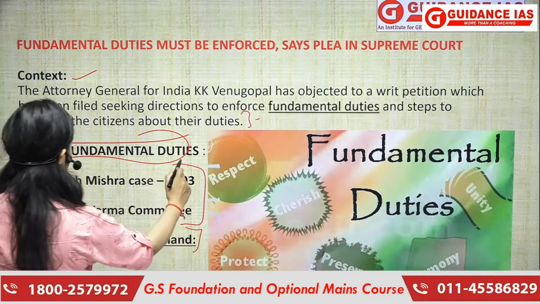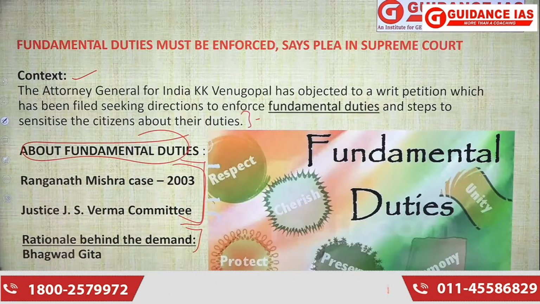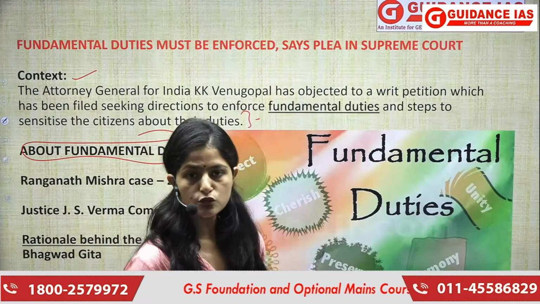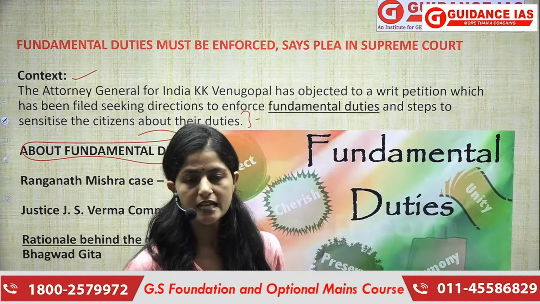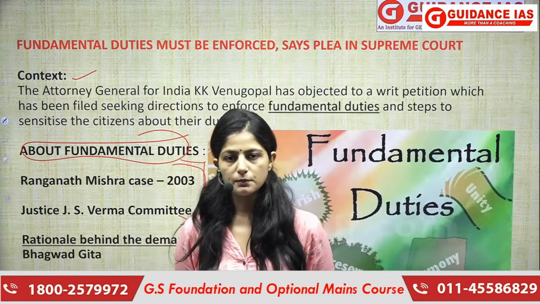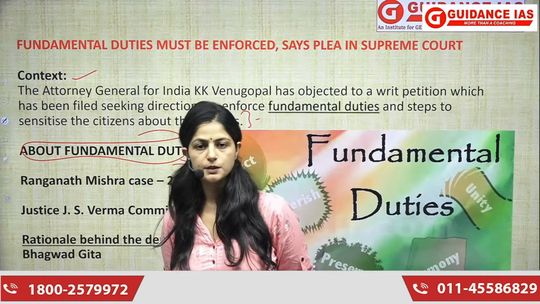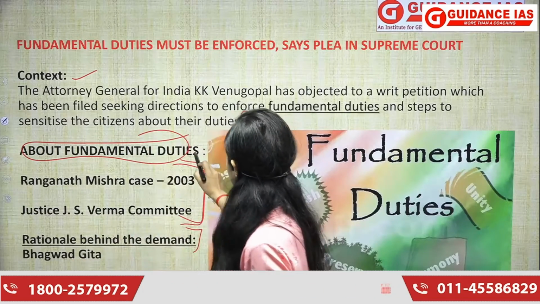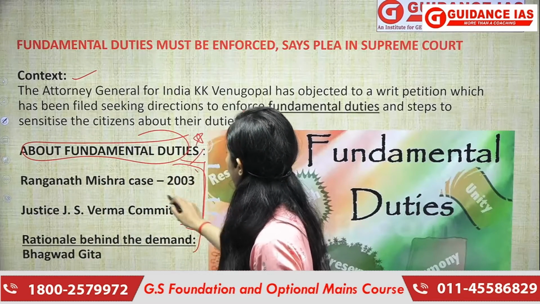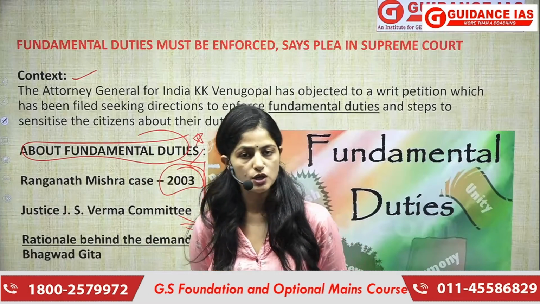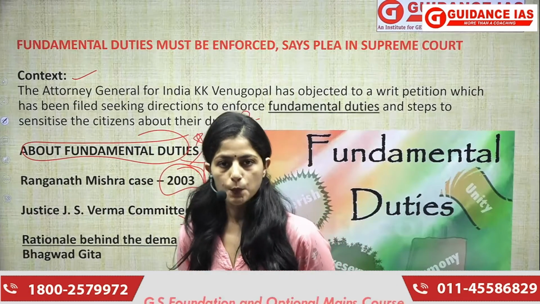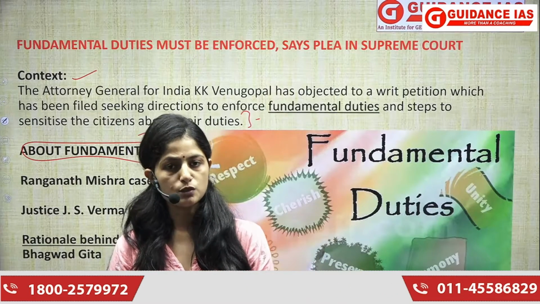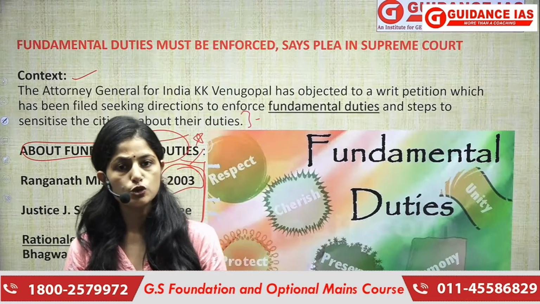Now, as I was telling you, the petition says that some legal sanction should be given to the fundamental duties, and it is not that we never talked about giving legality or making them enforceable in the court of law. The very important examples are, the first example is Ranganath Mishra case of 2003, wherein it talked about not just giving them a legal sanction, but also a social sanction.